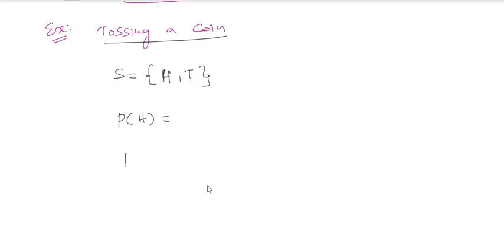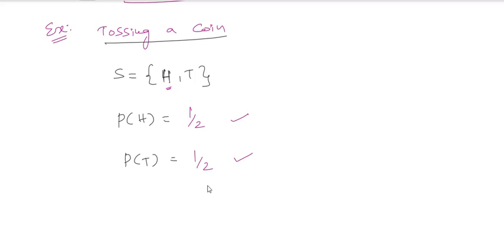I have only one favorable case, and the sample space is 2, so it is 1 by 2. Similarly, the probability of getting tail is 1 by 2. The total probability, if you add these, is 1. This is the probability of a particular event.